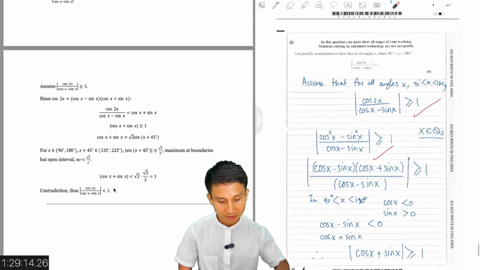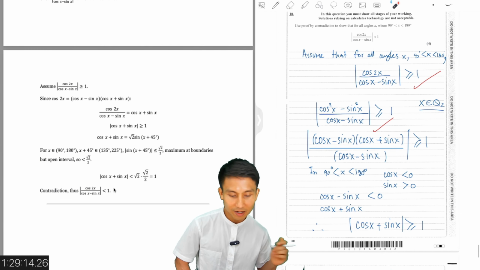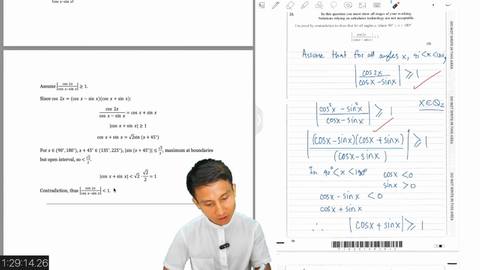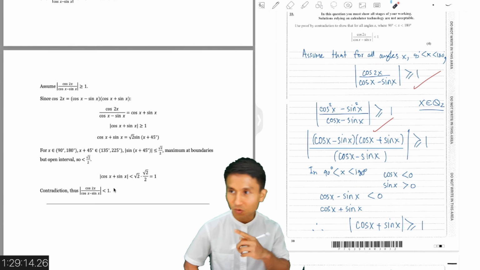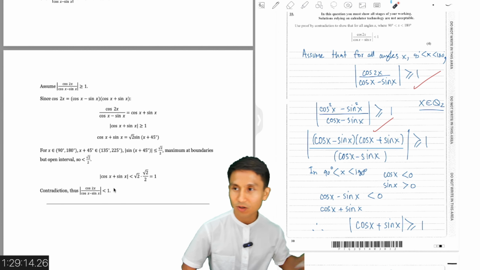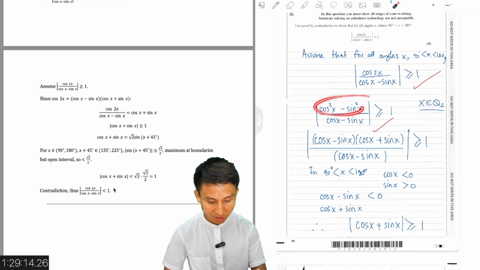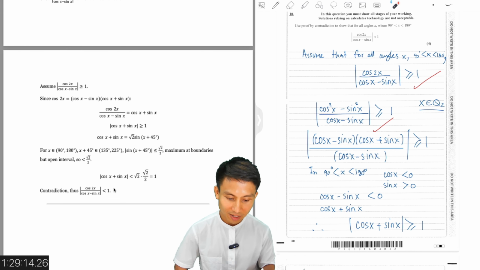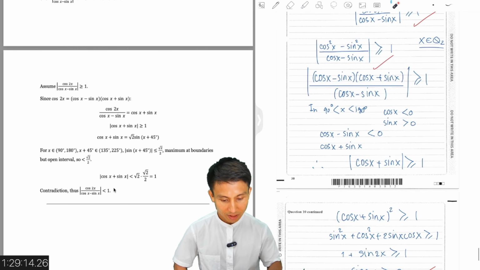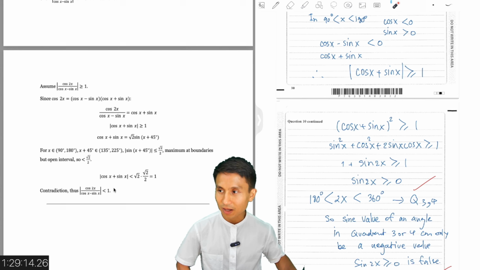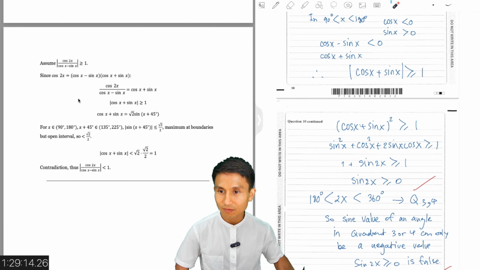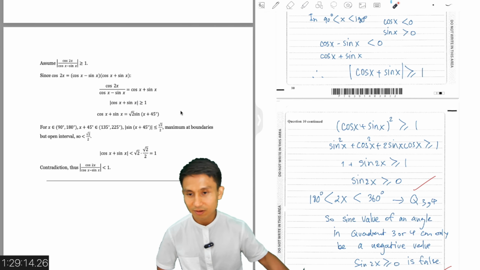All right, so the proof there. You need to know that cos 2x is also that, not only 2 cos squared minus 1 or 1 minus 2 sine squared. Got to know that, and then you can use it. Now I went a different path to the AI here. The AI just tried to prove that cos x plus sin x itself is not greater than 1.